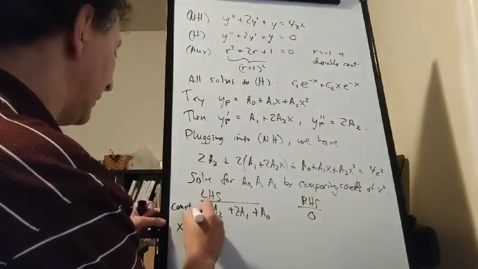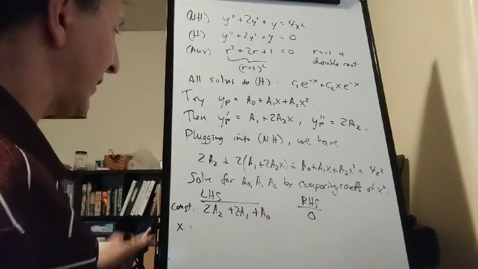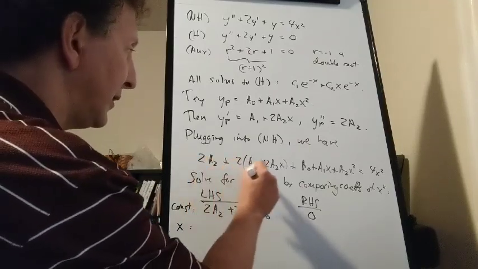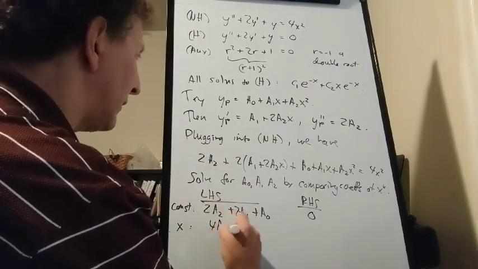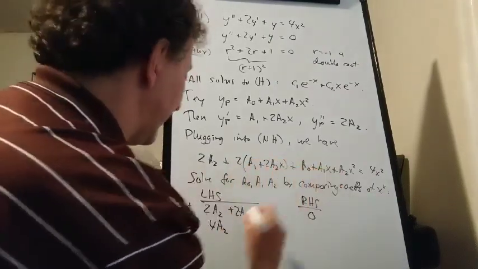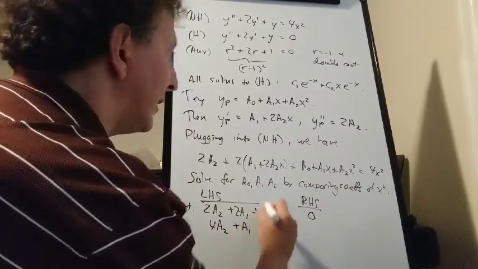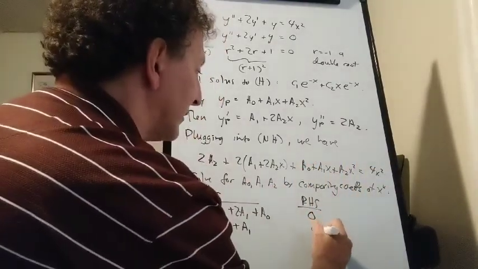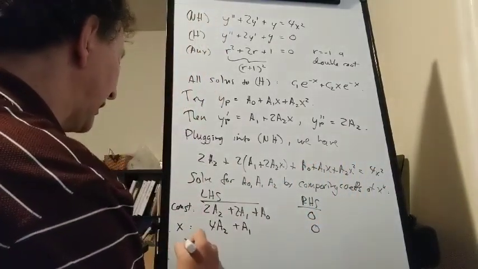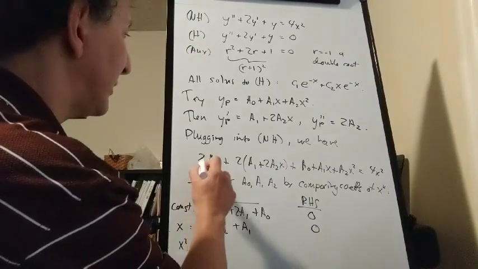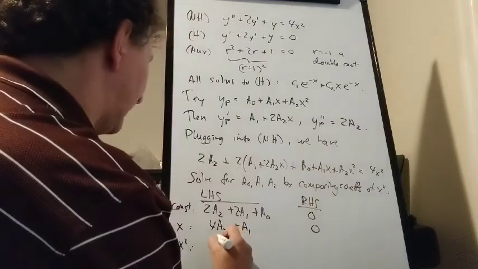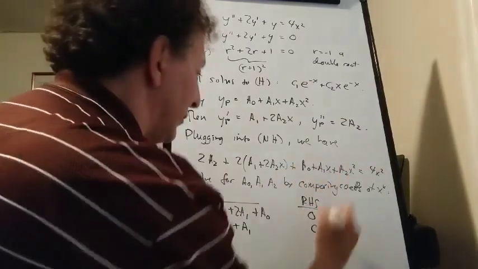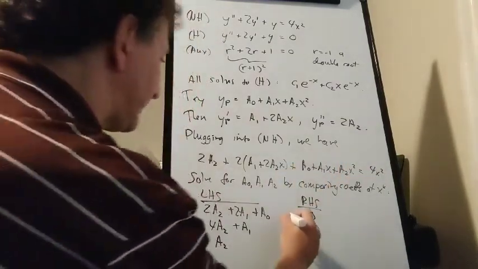And then if we compare coefficients of x, on the left-hand side we have 4a2x, and then a1 plus a1. On the right-hand side there's no x's, so 0. And then if we look at coefficients of x squared, on the left we have a2x squared. On the right-hand side we have 4x squared.